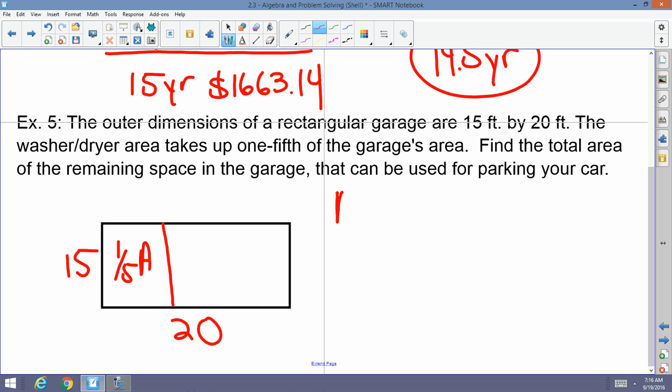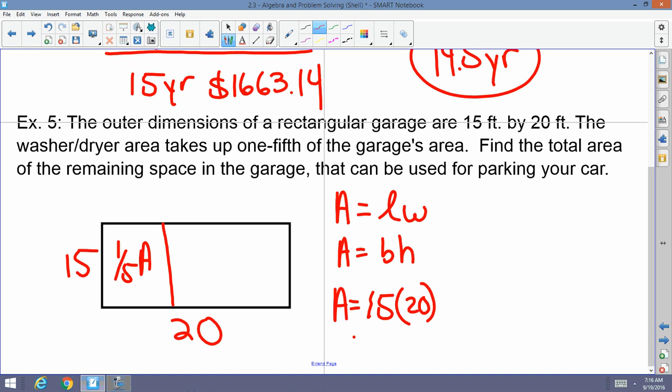So remember that area is length times width, or base times height. And I've got my area here will equal 15 times 20, which equals 300 square feet. That's the total area.